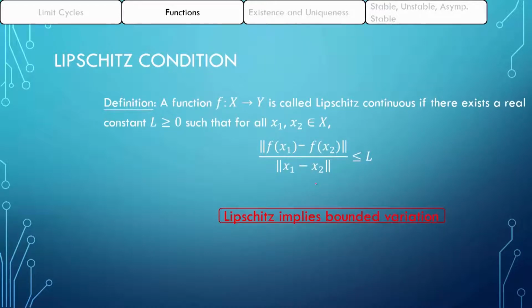Basically, it's not very hard to understand. A function f, which is a mapping from x to y, is called Lipschitz continuous if there exists a real number L for any x1, x2 belonging to x. So L, basically, the physical meaning is the slope upper bound, right? Given any x1, x2, it's the slope.